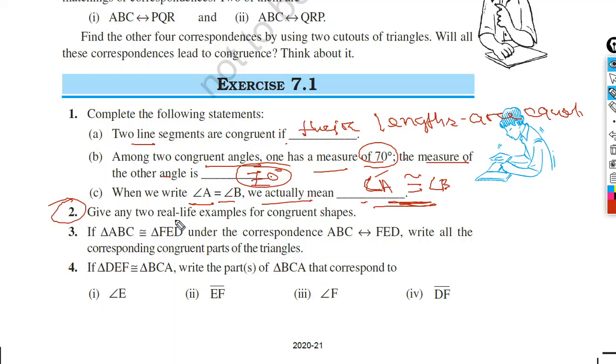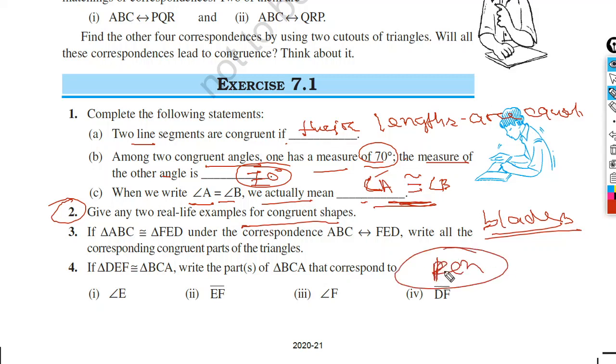Now, question number 2. Give any two real life examples of congruent shapes. You can give two blades of the same company. Then we can say two pens of the same model, same company, isn't it?